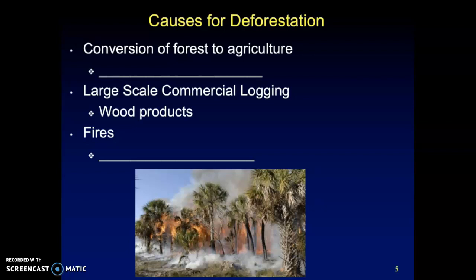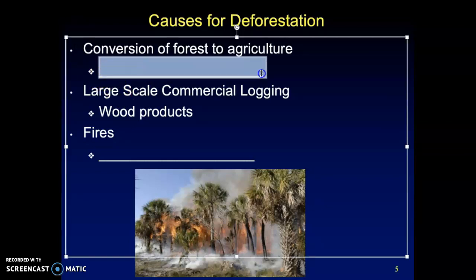So now the problem you have here is when you've converted it to agriculture, whether it's a palm oil plantation, a farming ranch where I'm going to raise cattle, etc., you have some huge problems. You have some huge consequences that occur because of that.